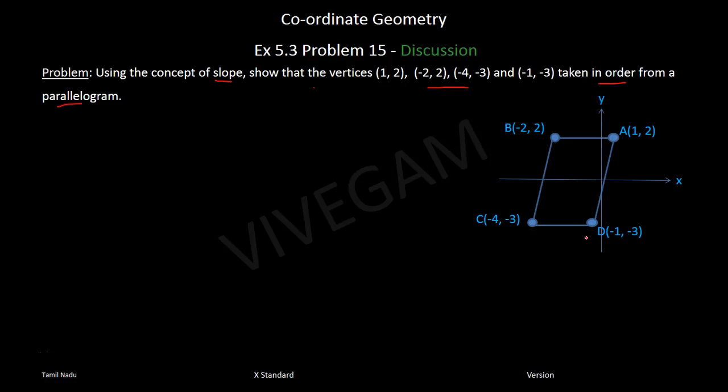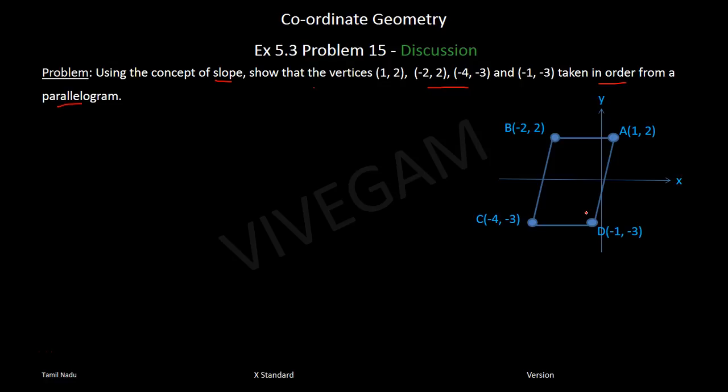In a parallelogram, if the slope of AB equals the slope of CD and the slope of BC equals the slope of AD, then they form a parallelogram. That is a key point which you should be aware of.